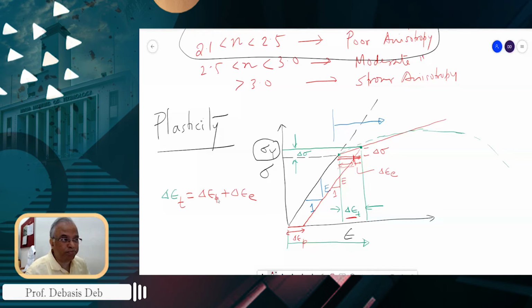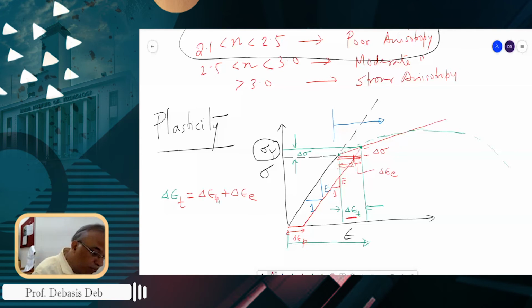Now, I am telling you why it is elastic. First I am defining what the permanent strain is that has been developed. And this is the reason the sample is not following this elastic path.